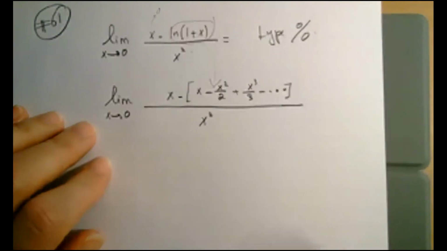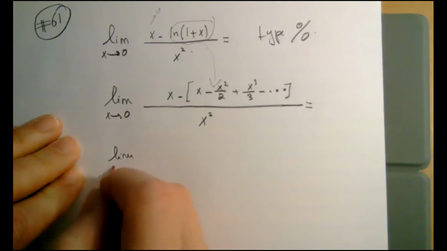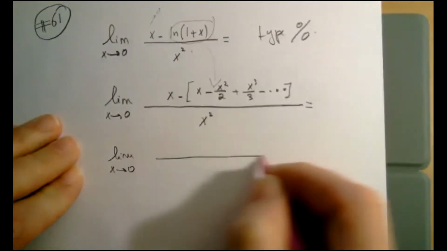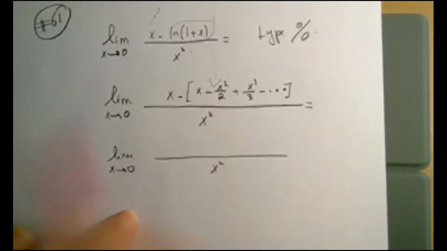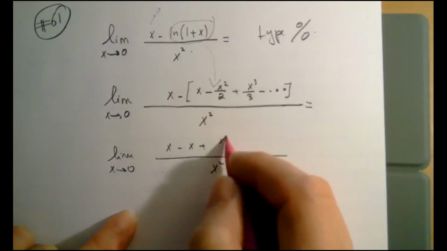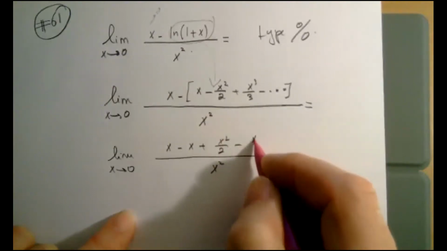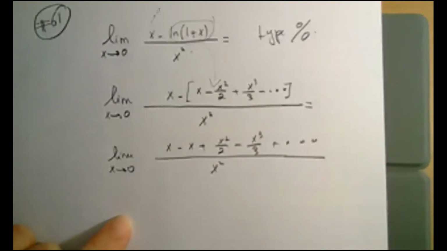What I'm really doing is substituting ln of 1 plus x by that, because mathematically those are equal to each other. So it's going to be equal to the limit as x goes to 0 of, this is x squared. Let's see how we get here. We get x minus x plus x squared over 2 minus x cubed over 3, and so on and so forth.